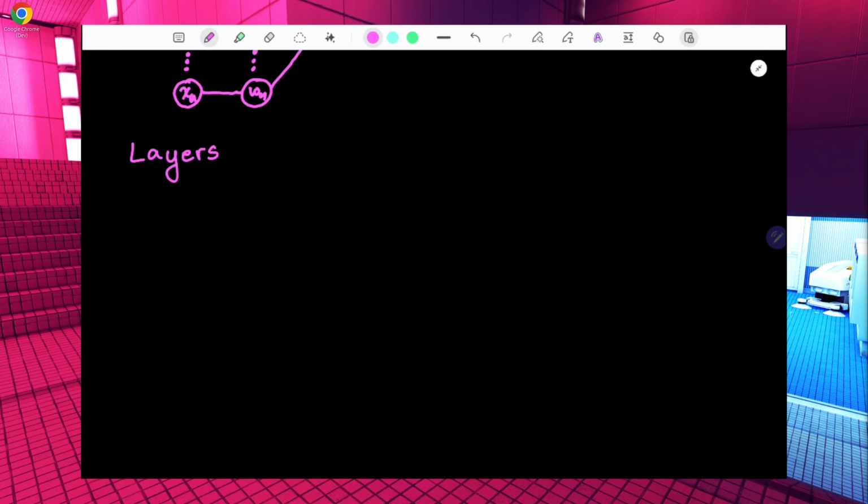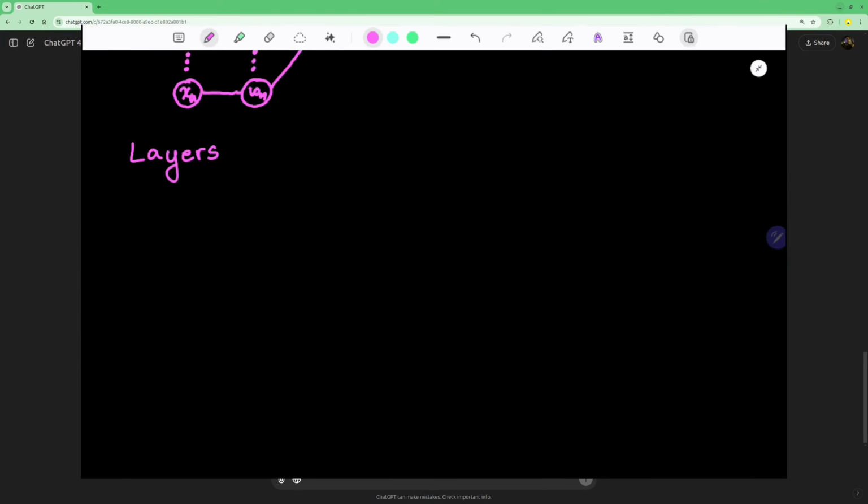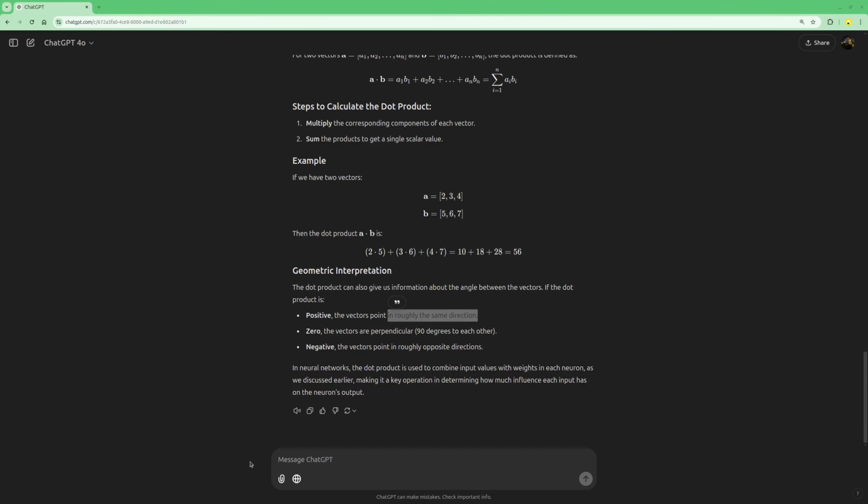All right. Wait, I need this. I'm going to close this. What is a one layer feed forward network?